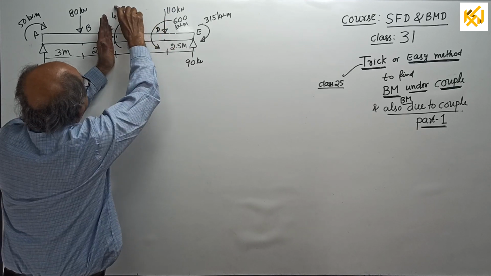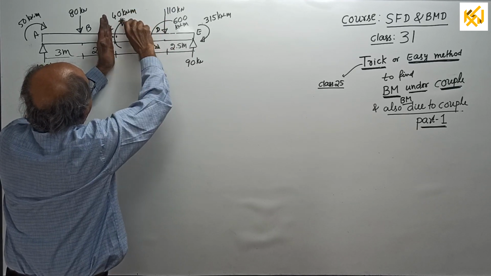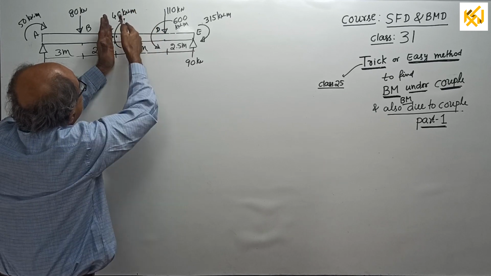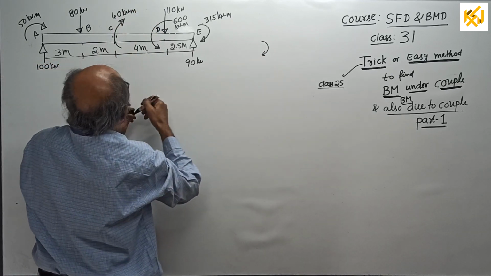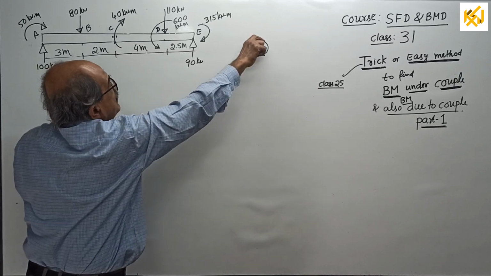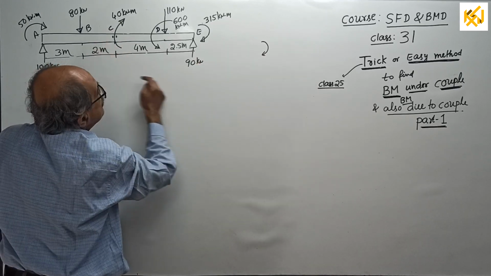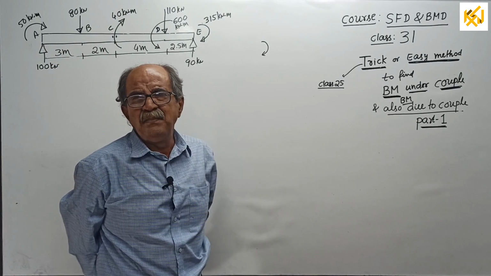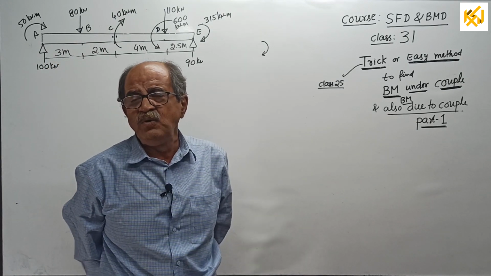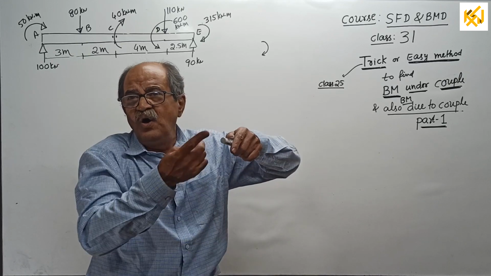But somebody will write this way. Same clockwise, he can write this way. Somebody can write this way also. Then there is a problem. Then it is coming down. This is going up, that is coming down. If I am hearing, I will tell, a couple is neither going up nor coming down. It is clockwise or anti-clockwise.